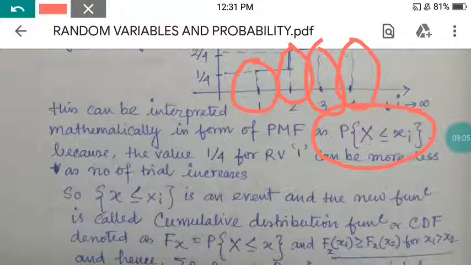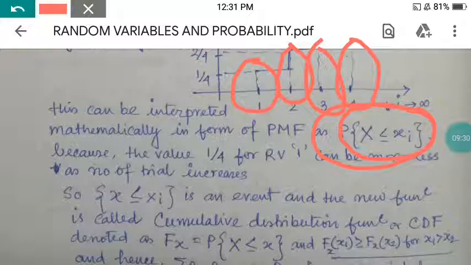For 3 consecutive trials, 1/2 into 1/2 into 1/2. In this way, as i increases, the value 1/4 which I have assigned will be more or less. So it never touches that particular value of given x. So that value is always less than or equal to xi.